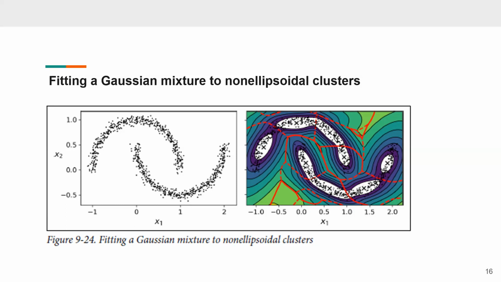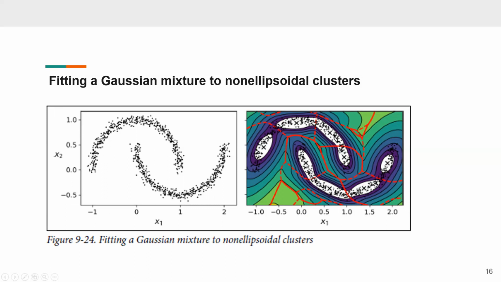However, for non-ellipsoidal clusters, before we move on to that, what exactly are ellipsoidal clusters? It would be something like this, right? And if you have this type of shape in a Gaussian mixture, it would be perfect for you to look for the pattern. But in this case, it's not.